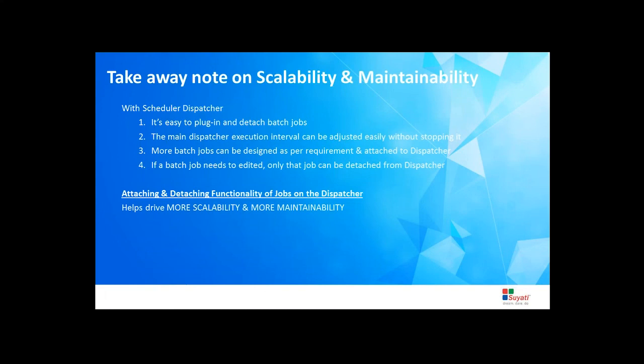So anytime you want to increase or decrease the rate at which the dispatcher schedules and reschedules itself, you need not stop the scheduler, but you can simply go and edit the value in the custom setting. So it's something like managing things from a config file, right? That's really going to be very useful when you take these things into the production system. And also more batch jobs can be designed as per the requirement and attached to the dispatcher.